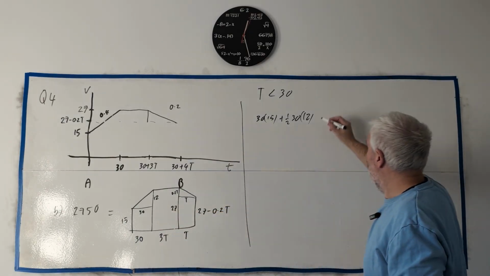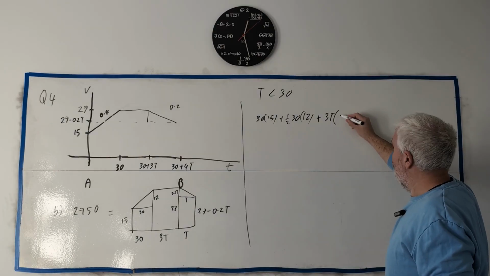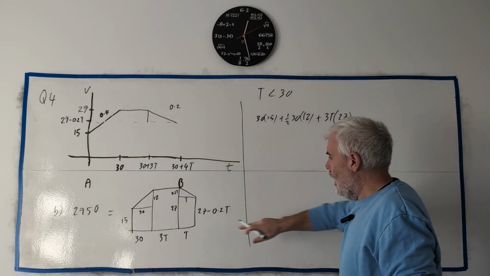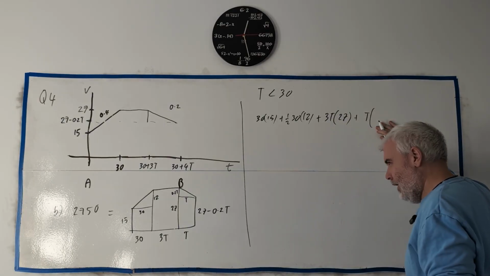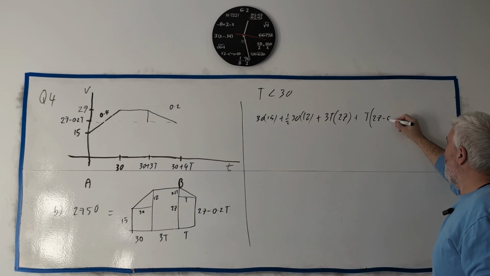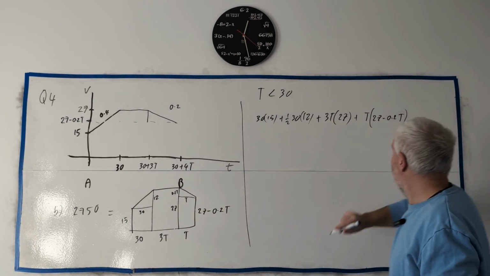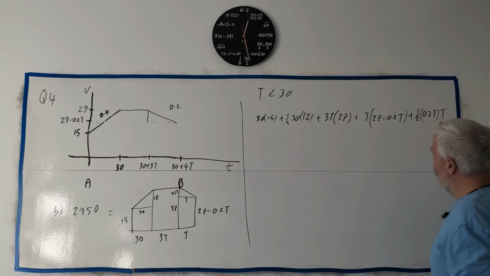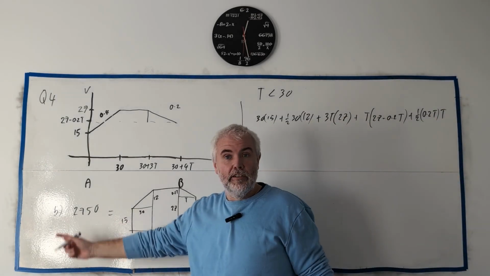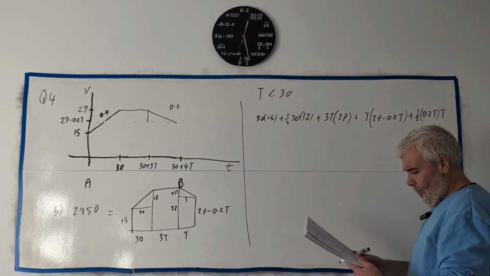This big box here is 3t multiplied by 27. This box here is t multiplied by 27 minus 0.2 t. And this last triangle here is half times 0.2 t multiplied by another t. And we know the answer is 2,750.